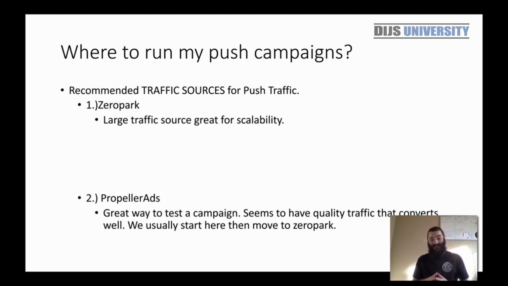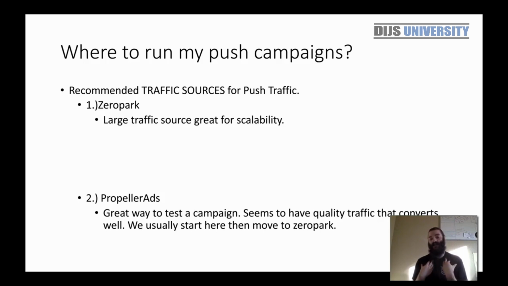Zeropark has a ton of traffic, so until you really start optimizing, excluding some of the zones that might not be beneficial, you might start spending a lot more up front. But again, because they have such a large traffic source, Zeropark is a great company for scalability. So typically what we like to do is start our offers on another traffic source.